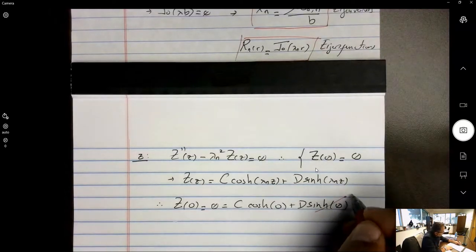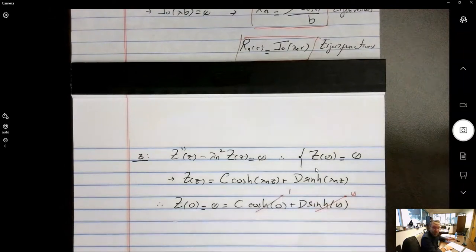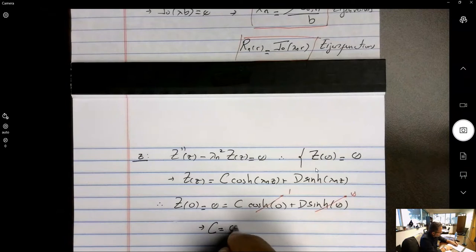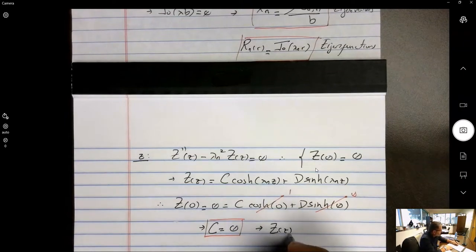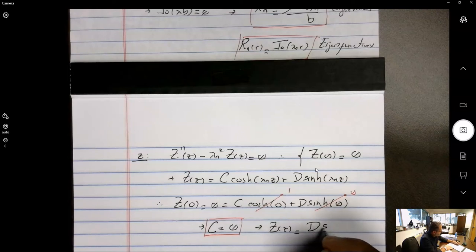The sine hyperbolic of 0 is 0, and the cosine hyperbolic of 0 is 1, and therefore we can conclude from here that C should be equal to 0. And C equals 0 means simply that Z of z is just D times the sine hyperbolic of lambda n z.